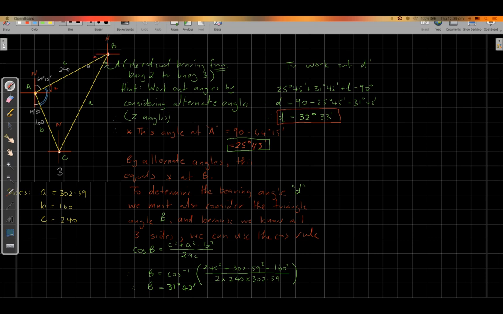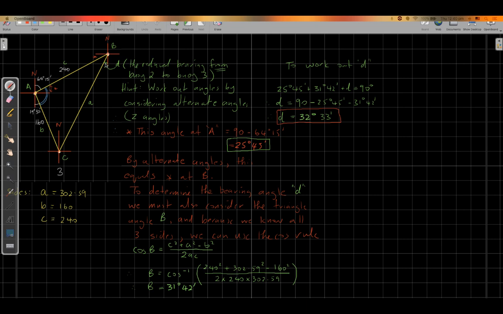So I've got one there, and I've got one there. Okay, so I could say that from there to there is 64 degrees 15, which means that that angle there plus 64.15 would add up to 90.